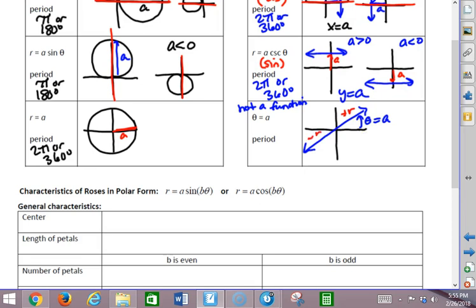So not a function, because each theta has an infinite number of r values. Period, there's only one angle, so the period is really not applicable here, because you just have one angle in the function.